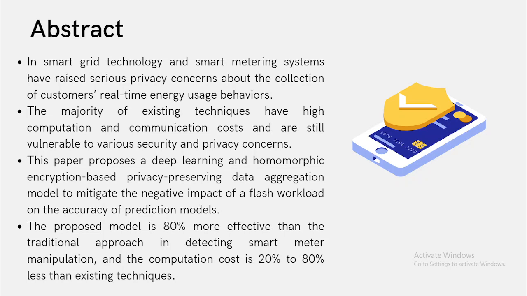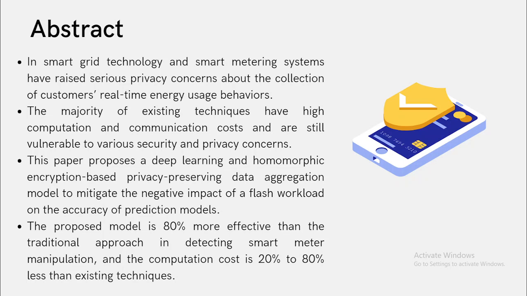The majority of existing techniques have high computational and communication costs and are still vulnerable to various security and privacy concerns. This paper proposes a deep learning and homomorphic encryption-based privacy-preserving data aggregation model to mitigate the negative impact of the flash workload on the accuracy of prediction models.